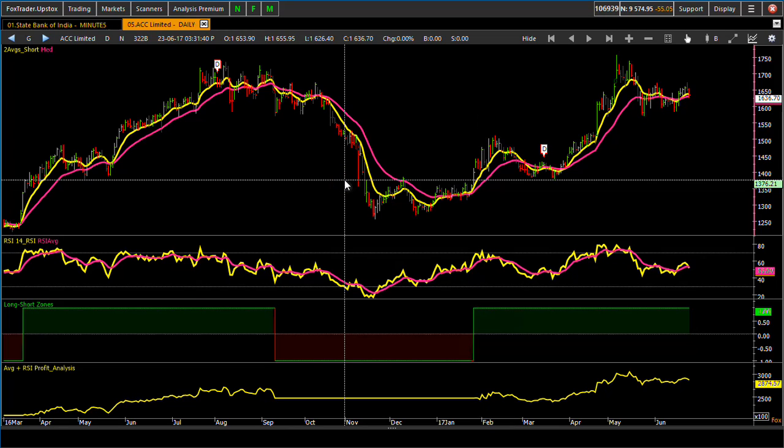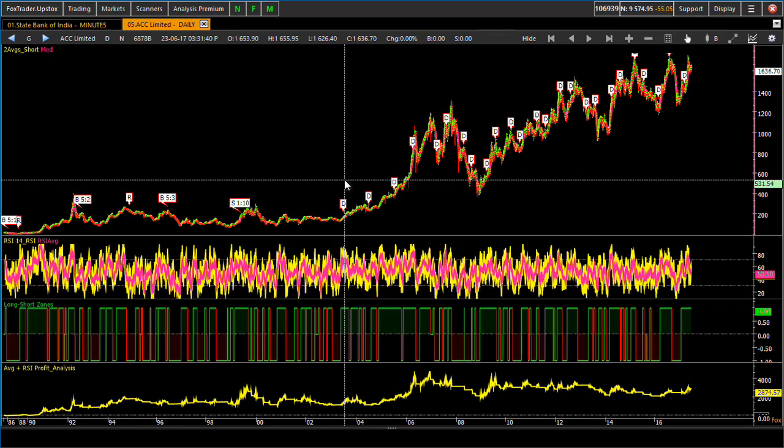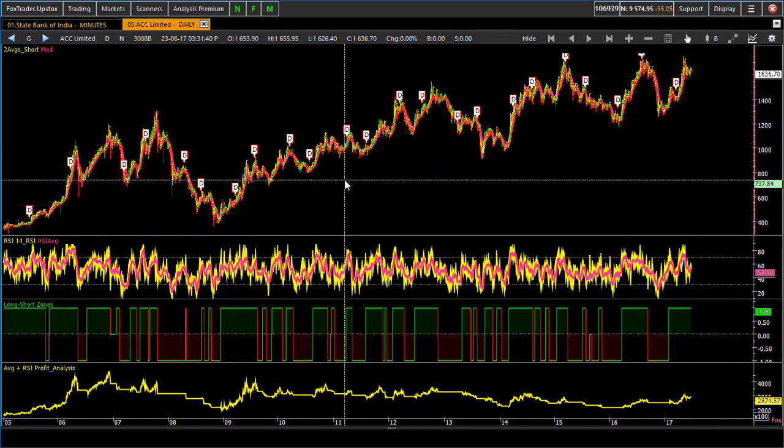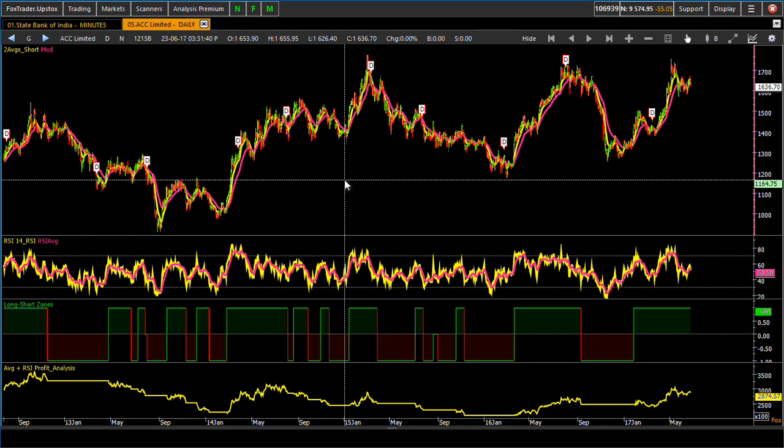Okay, so this is all about one stock. What if you run this strategy on a group of stocks? Being a retail investor, I really don't want to run a strategy on just one stock, right?